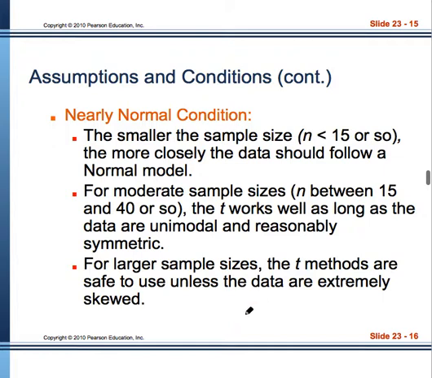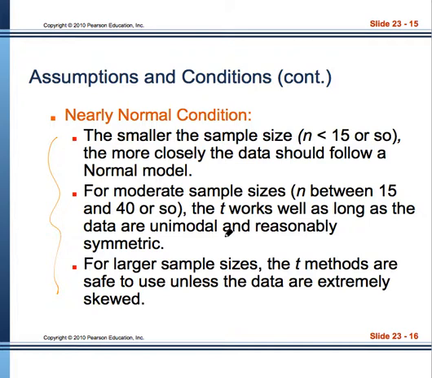Okay. The other thing, and this goes with that nearly normal condition, depends on the size of the sample. The smaller the sample size, the more closely it should look like a normal model, because we won't be able to use enough degrees of freedom to get it to look closer to a normal model.